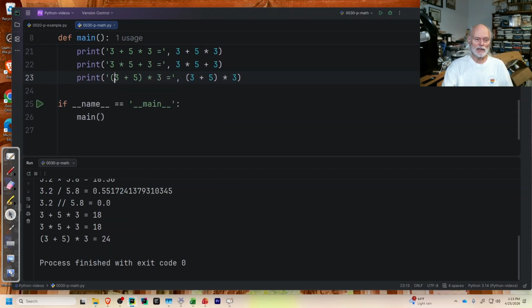It added the 3 plus 5 to give us 8 and multiplied that by 3. If you have multiple layers of parentheses inside of parentheses, it will do the innermost first and work its way out. So we can control that operation. If there's any doubt in the order it's going to be performed, use the parentheses to force the order.